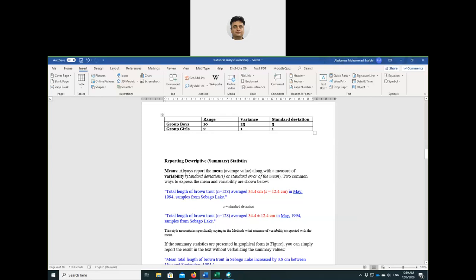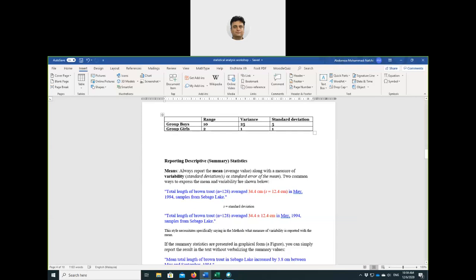Always report the mean, or average value, or central tendency together with a standard deviation or standard error of mean. Mostly, if you have just one independent variable, it's better to report the standard deviation.